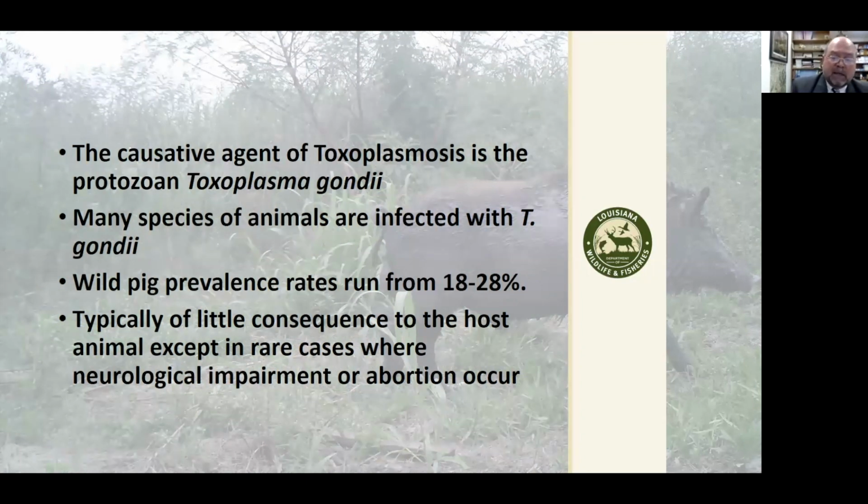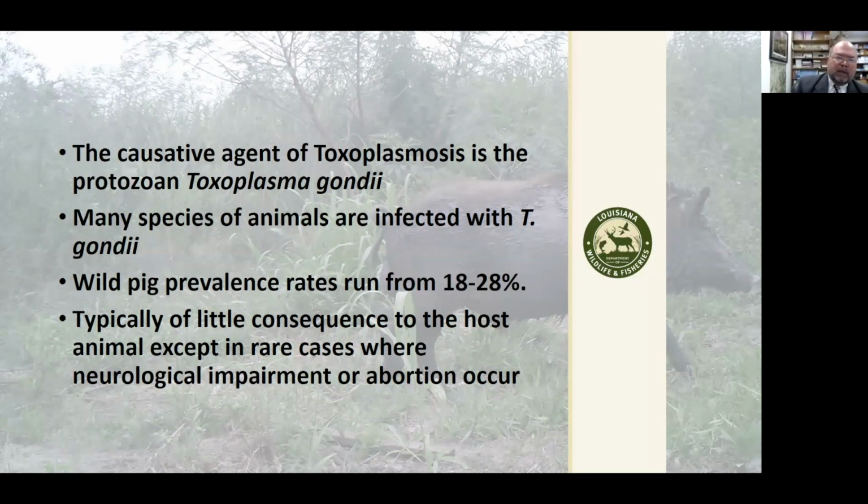And when ladies clean the litter box when they're pregnant, it can cause problems. But Toxoplasma also infects muscle tissue and makes cysts in the muscle tissue, which can infect humans if they eat undercooked pork or other meats, but pork especially. Toxoplasma gondii is the organism. It's a protozoa once again.